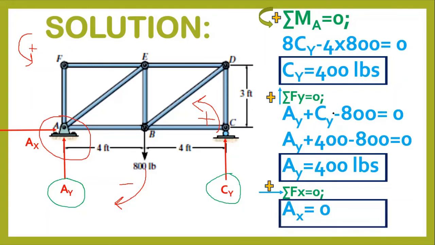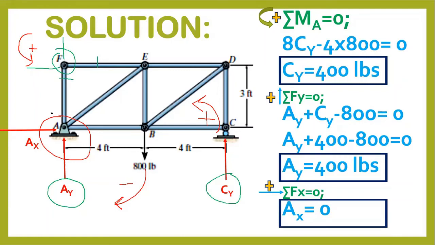So this is the way to calculate the support reactions for the truss problem. Now I am moving towards the joint method, and I am going to find out member forces. One more thing I want to tell you here, that I have to select joint C. You can also select joint F, because this member and this member will become 0 because there is no other horizontal force and no other vertical force.